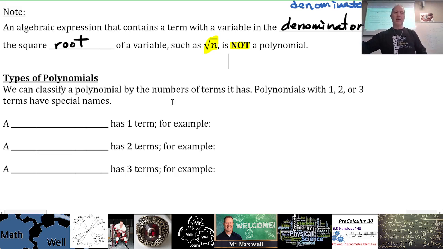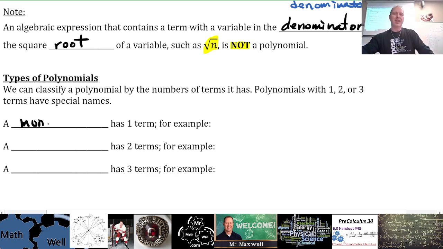And the specific name for a polynomial with 1 term, anybody know? Any guesses? Monomial, yes. Did you find that somewhere in the notes there, or did you know that? Oh, you know it as well. Good job, because I have that word in other parts of the notes later on.